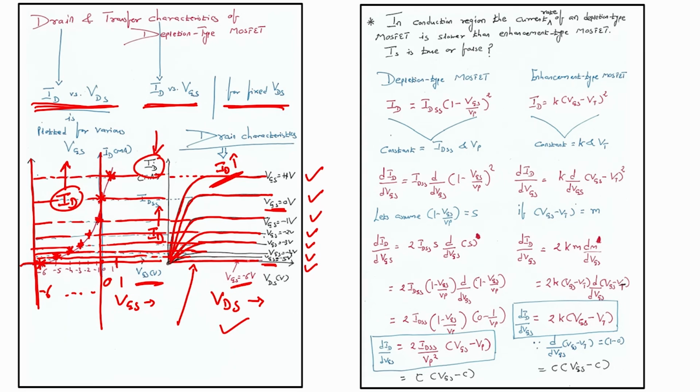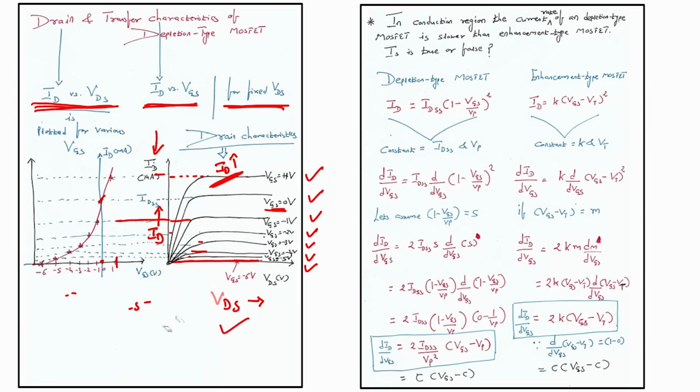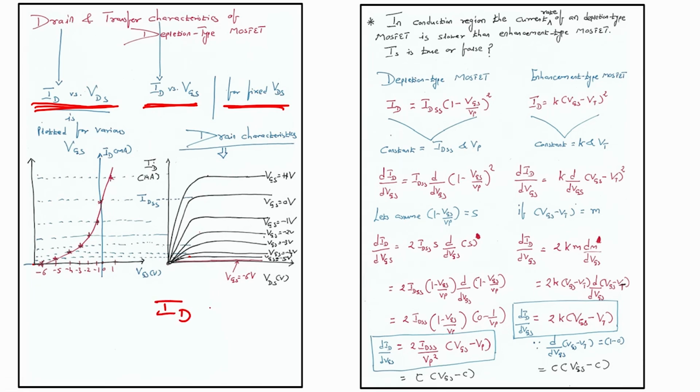If I know how the plot of ID versus VDS looks for different values of VGS, it is extremely easy to plot ID versus VGS for the same VDS.